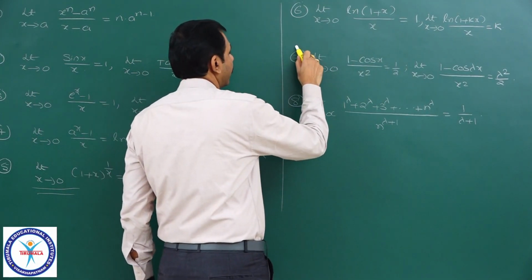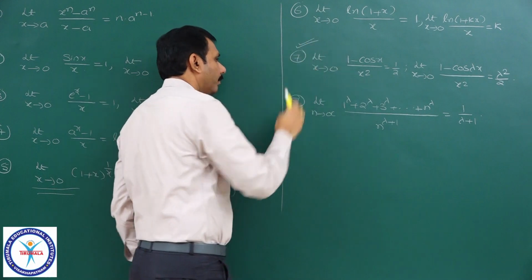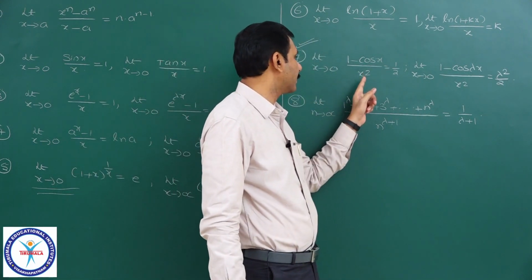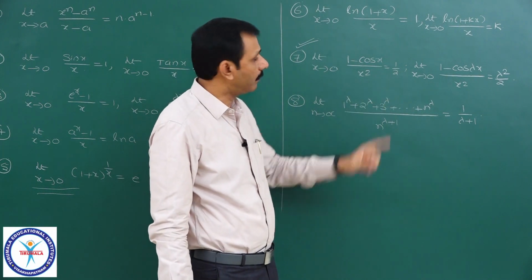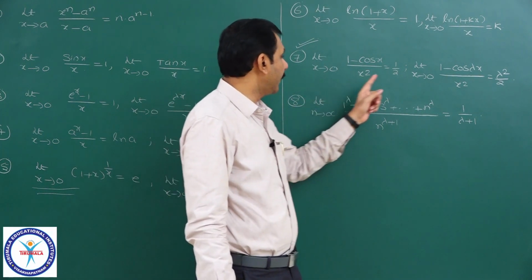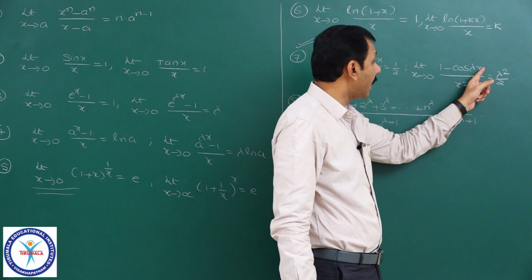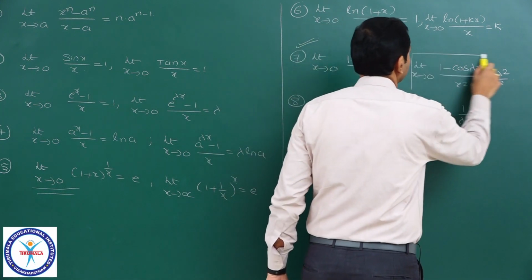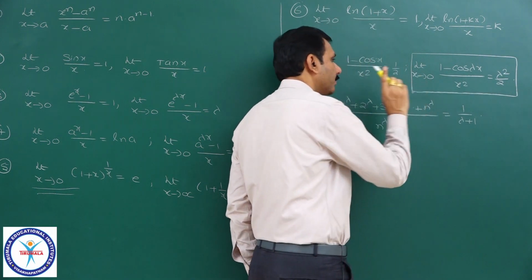And next, this seventh one you see, please remember this one. Limit x tends to 0, (1 minus cos x) by x square equal to 1 by 2. And limit x tends to 0, (1 minus cos lambda x) by x square equal to lambda square by 2. Frequently we will be using this one.